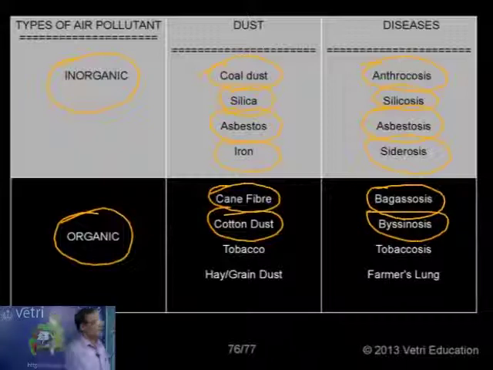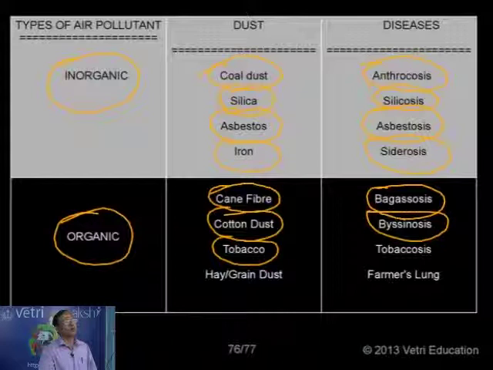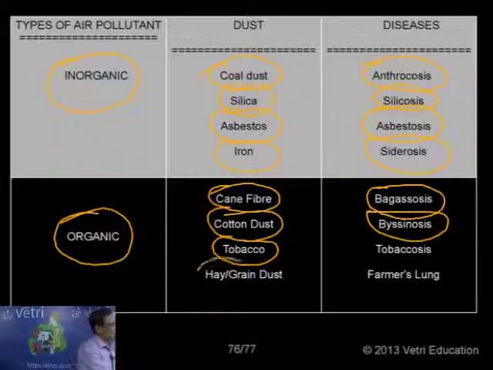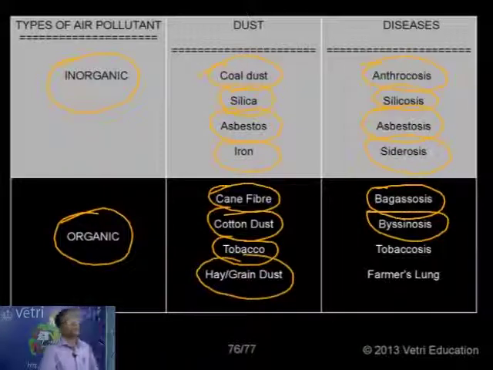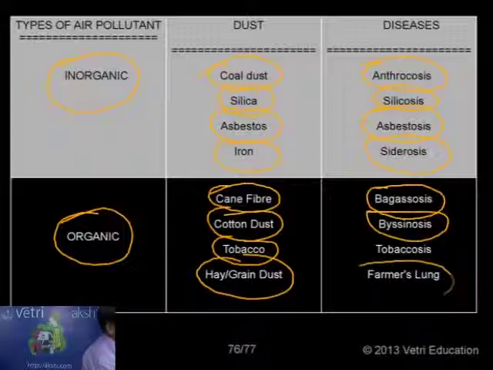Similarly, people working in the tobacco industry develop a disorder called tobaccosis. And similarly, in the yard where grains are separated from the hay, the hay or grain dust is produced and people are exposed. When exposed to this, they develop lung problems called farmer's lung.